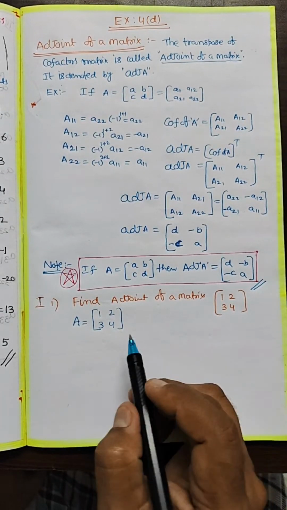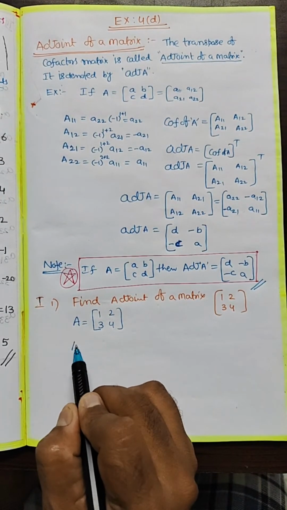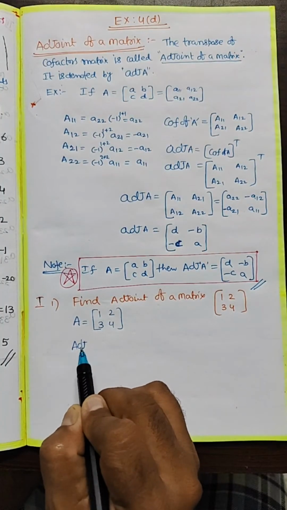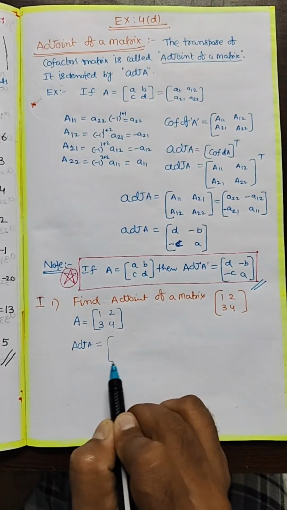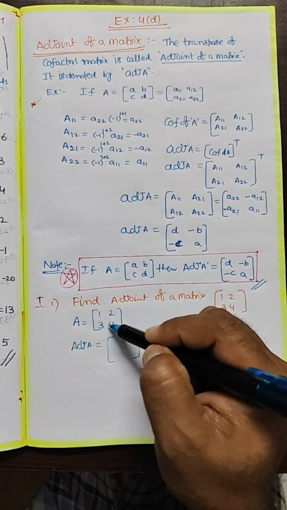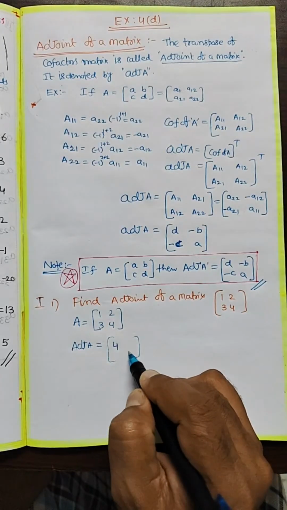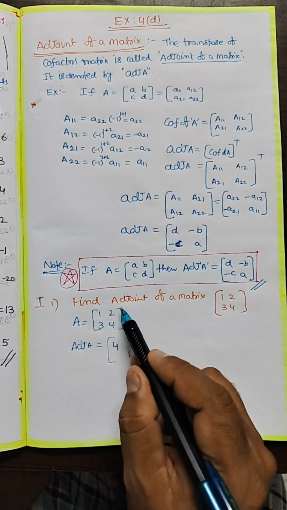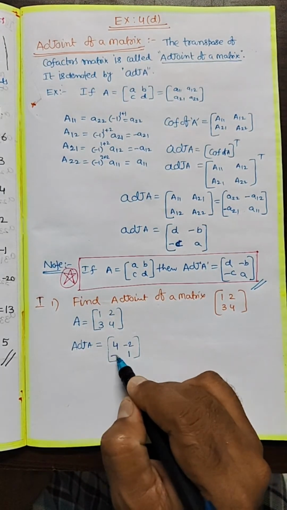So adjoint A equals interchanging of diagonal elements, so 4 will be here, 1 will be here. Sign change of these two, minus 2, minus 3. This is over.